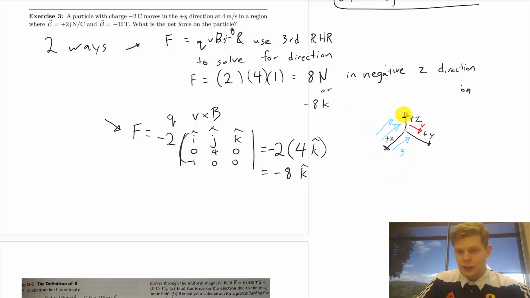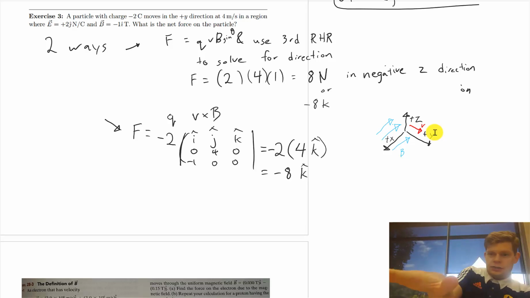Here's our kind of like x, y, z graph. This is always how you set it up, x, y, and then z. Yeah, memorize what this looks like because that'll be important. Anyway, so we got our magnetic field in the negative x direction. Our velocity is in the plus y direction, but the charge is negative. So remember with the right-hand rule, we kind of flip the direction. We point our thumb in the opposite direction of the velocity if it's negative.